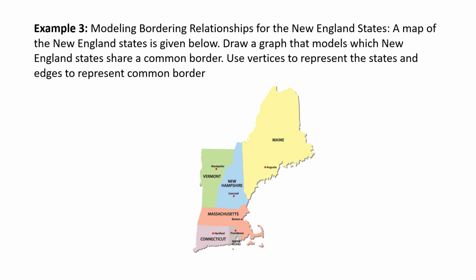Example, modeling bordering relationships for the New England states. A map of the New England states is given below. Draw a graph that models which New England states share a common border. Use vertices to represent the states and edges to represent common borders.